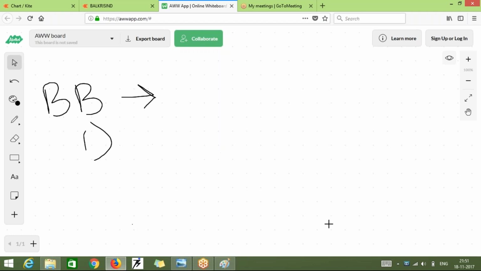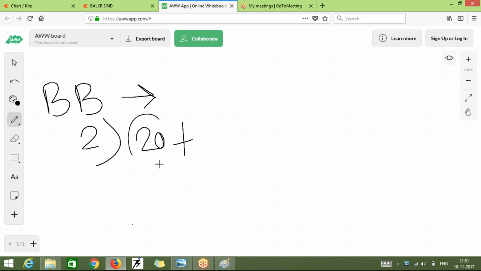By default it's SMA. You cannot change the function. The second one is the upper band, which is 20 plus, this 20 is the middle one which we have taken, 20 plus a standard deviation.